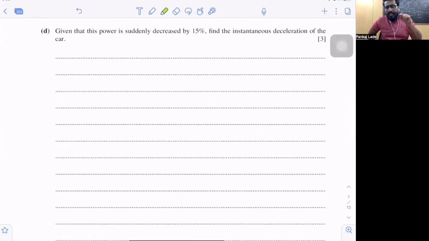Who is generating this power? The power is generated by the engine present in the car. To generate this power, you have to do some work. This power will be utilized to move the car up the plane. Now this power has suddenly decreased by 15%. Find the instantaneous deceleration of the car.